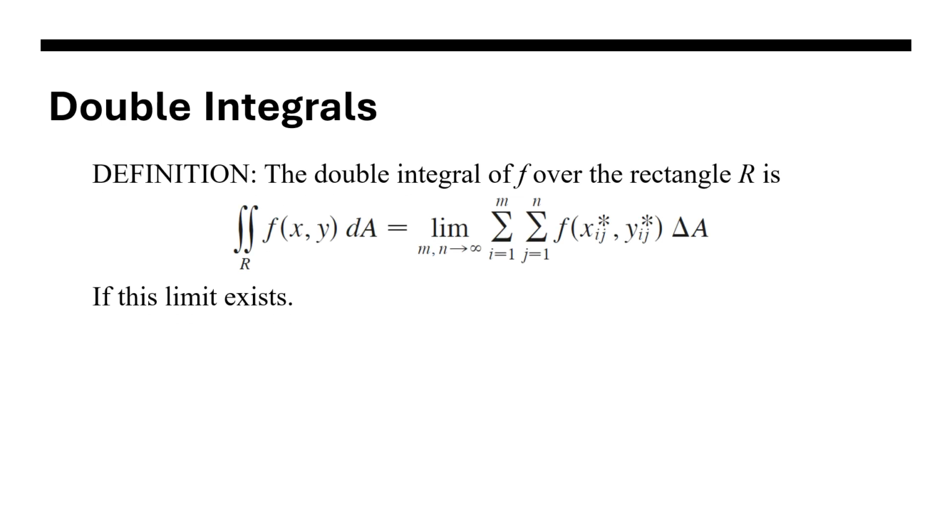The double integral of the function over the rectangle R, the double integral of f of xy dA, is equal to the limit of the summation from 1 to m of the summation from 1 to n of f of x sub ij star, y sub ij star, delta A, if this limit exists.